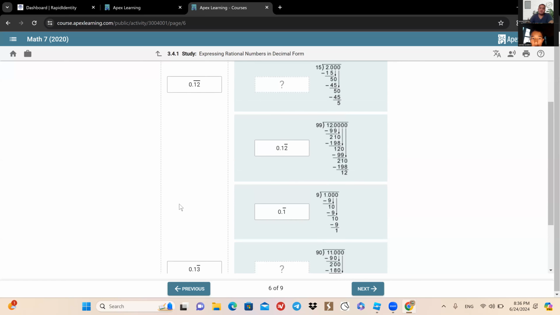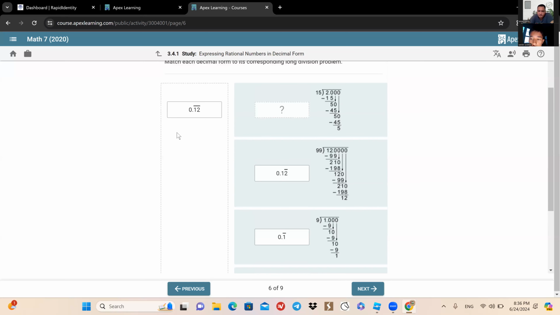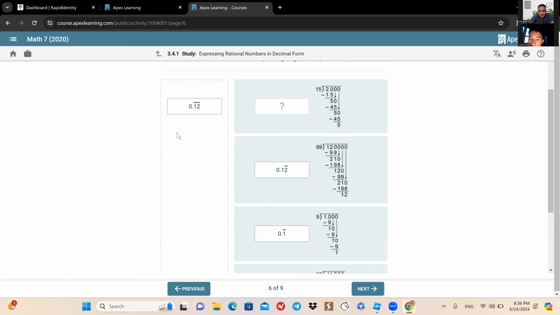If you get confused, Sardar, you need to divide yourself. For example, you are dividing here 2 by 15, right? Do you know how to divide this? Here we have 2 divided by 15. 2 is smaller than 15.